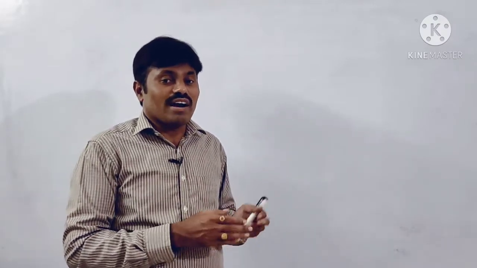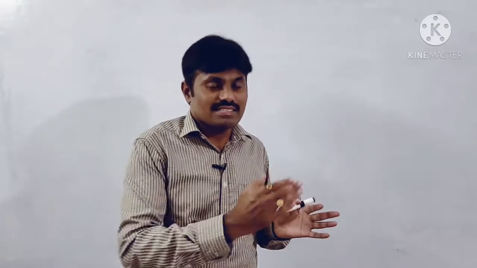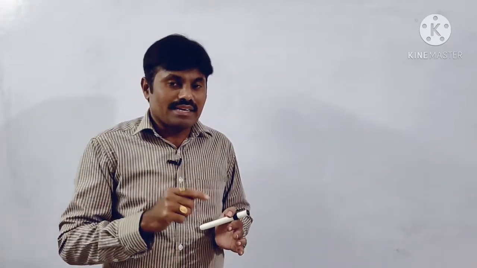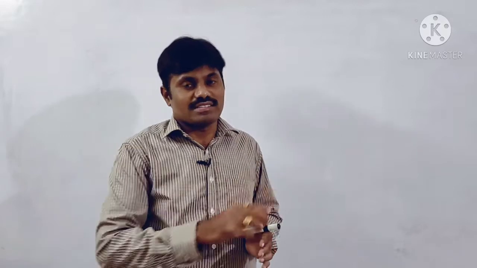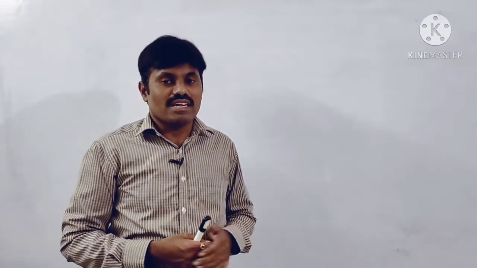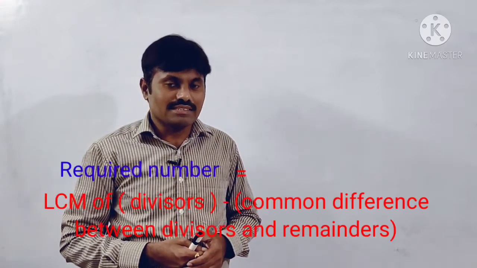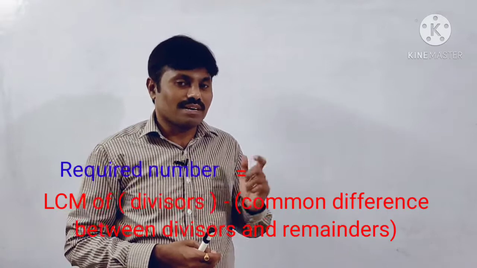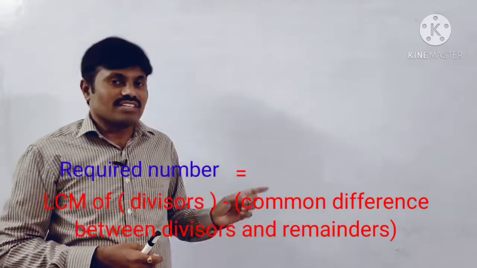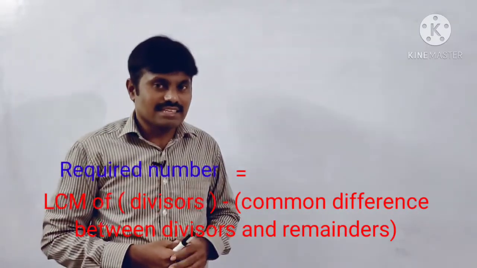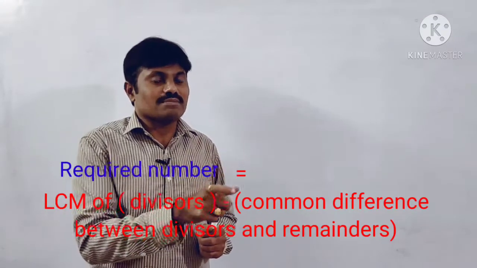Now we find the LCM of these divisors, minus this common difference, and that is the final answer. I repeat, the smallest required number is the LCM of the divisors minus the common difference between the divisors and remainders.